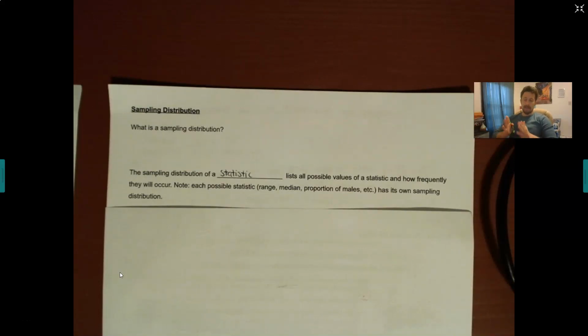So basically what this is, you look at a population, such as our 200 chips, you take a sample, you find some sort of statistic, whether it's range, median, or what we found, proportion of blue chips, right? So let's just keep going with that example. We're finding proportion of blue chips. But in a sampling distribution, it's when we take all possible samples.